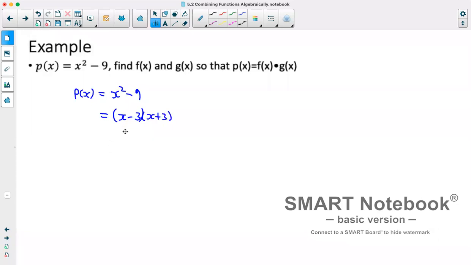So one of these is f of x, and the other is g of x. It doesn't matter which one we label as each one. So we'd have f of x equals x minus 3, and g of x equals x plus 3. Like I mentioned, it'd also be correct if f of x is equal to x plus 3, while g of x was x minus 3.